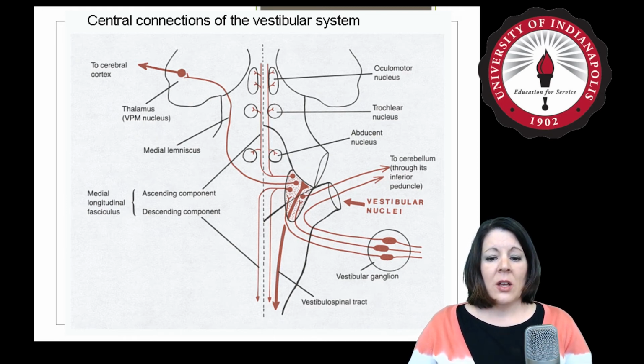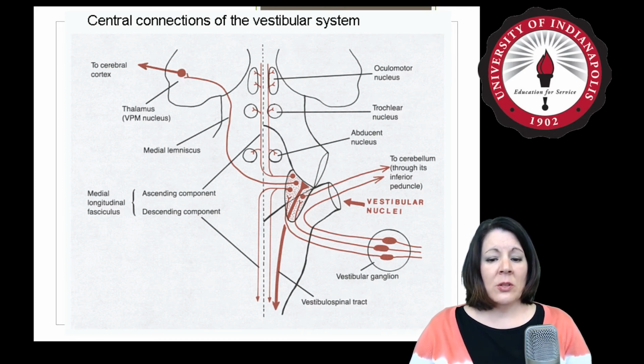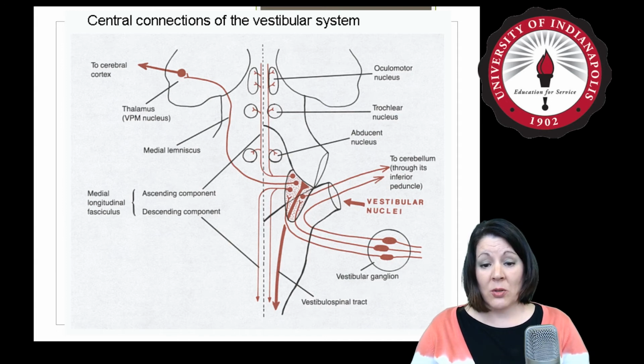One is all the different nuclei of the oculomotor muscles. So those oculomotor nuclei, do you remember what those control? Those control our eye movement's ability to track a target, to focus on a target, for our eyes to work in parallel so that they can both go the same direction at the same time.